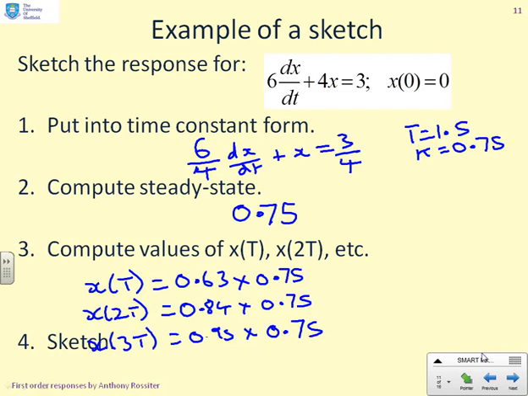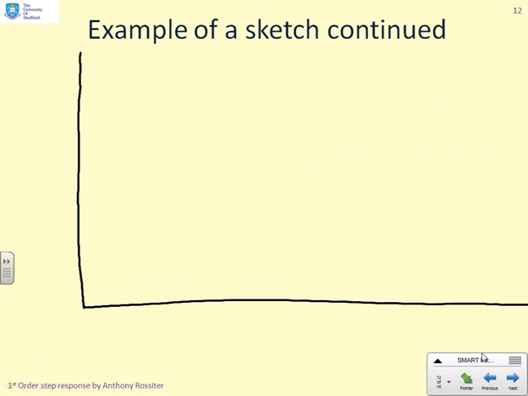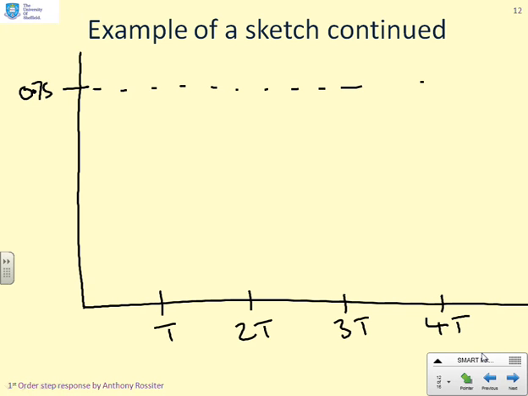So finally, we add these points to the sketch. Right, so here we go. Let's add our sketch. We'll draw some axes down there. We mark the points T, 2T, 3T, 4T. We mark the steady state, which was 0.75, so I put that across like that, and essentially T was 63% of the way there.